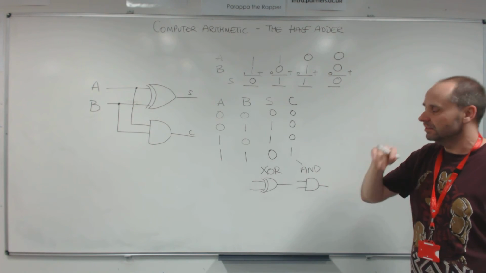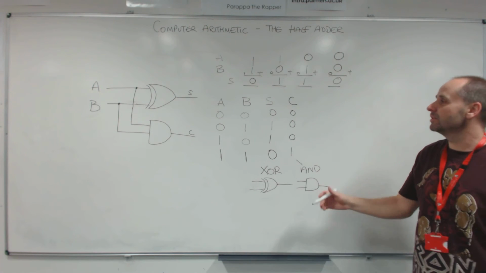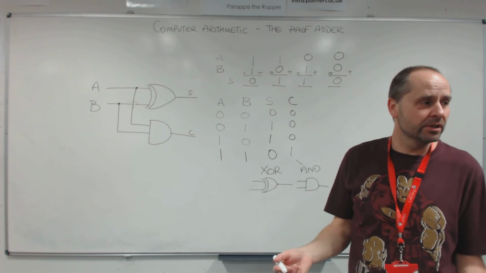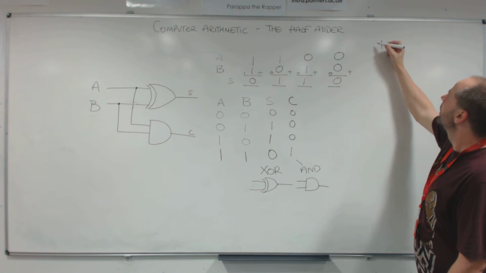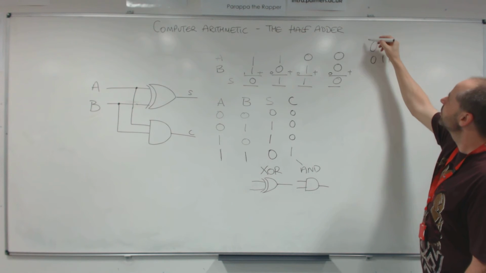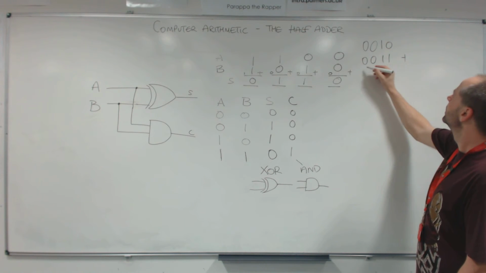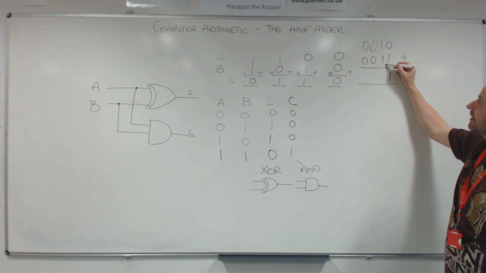This will only add a pair of bits together and produce a carry. But when we're working with numbers, let's say we add this number and we add it to this number, let's put another 0 on there. We say 0 and 1 is 1, carry 0.